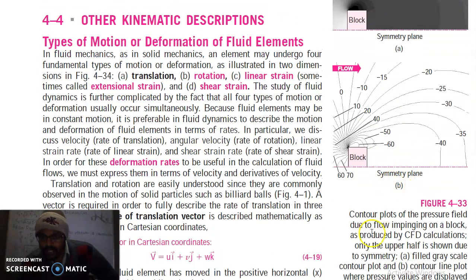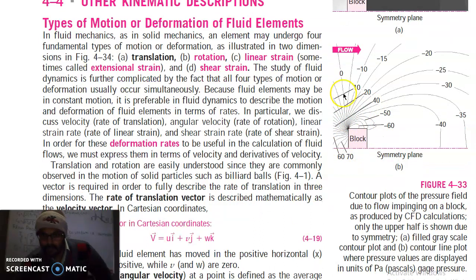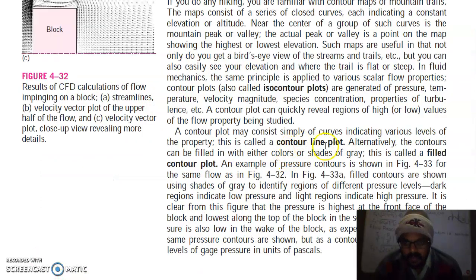So these two plots are contour plots of a pressure field due to flow impinging on a block as produced by CFD calculations. You can see here, this is the pressure here. So this is a contour line plot where pressure values are displayed in units of Pascal, gauge pressure. So this is up to here about computational fluid dynamics, about the contour line plot and the field contour plot.